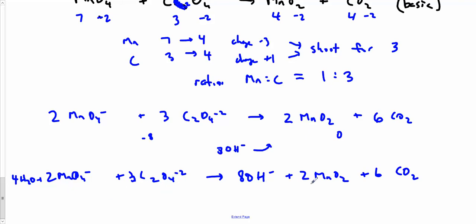I see 8, I see 12, I need another 12, makes 24. This thing is again balanced for charge, electrons, and atoms. So there's 3 examples, one in an acid, one in a base, and one in a neutral solution.